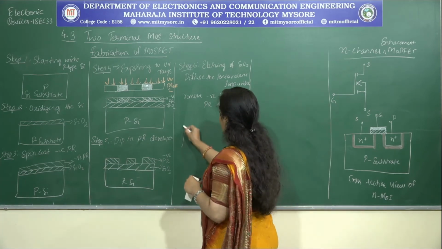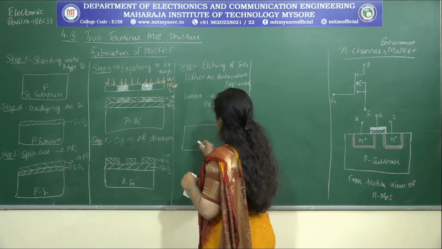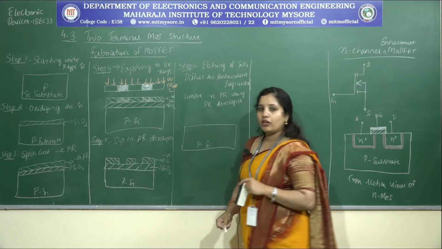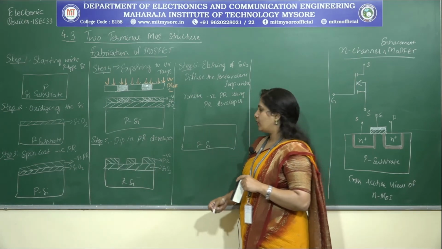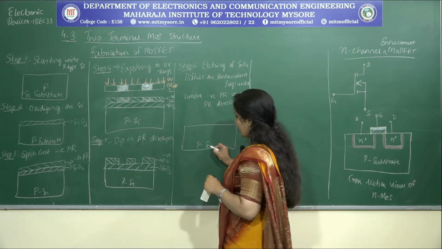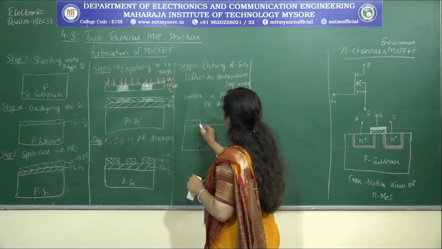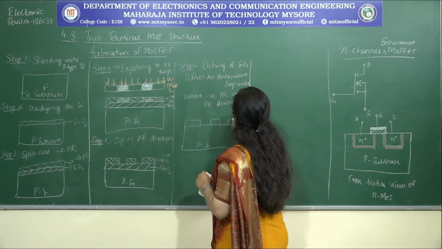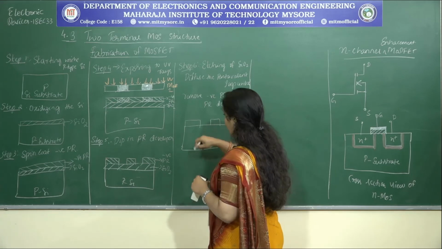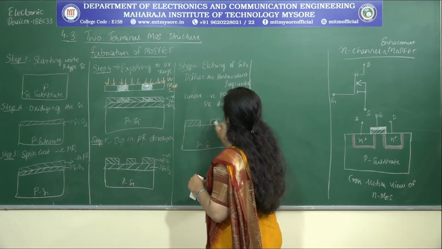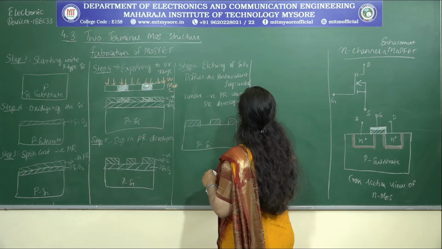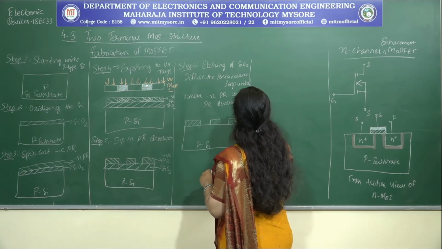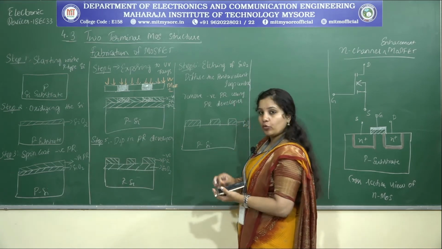After doing all these, the resultant that I will be getting is a p-type silicon substrate, and these are the regions only where I will be having the silicon dioxide. And what am I doing?